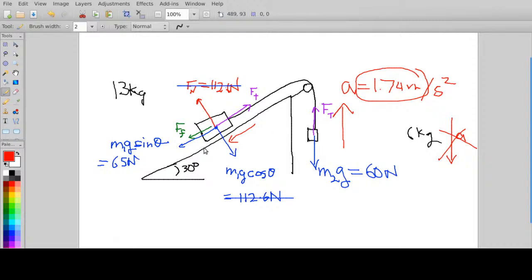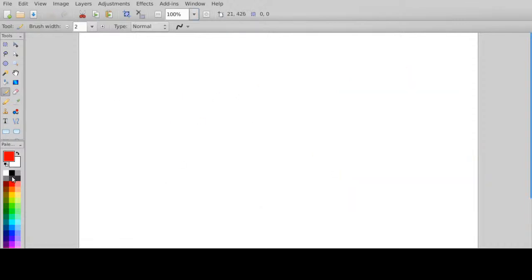This diagram is messy, and you should start from scratch anyhow, because you might mistakenly use a number from here that is not relevant for the other problem. So let's start over, and this shouldn't take too long. Let's create a new whiteboard. Let's draw the inclined plane like this, and this angle down here is 30 degrees.